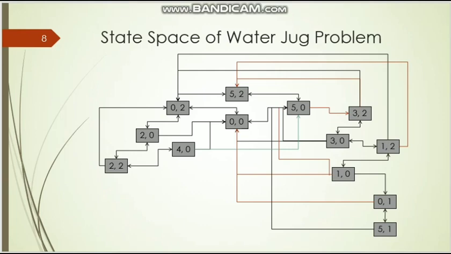In the same way, if we take another action from this particular node, taking water from the Y jar to the X jar, as in the Y jar only 2 gallons of water are there, we can take the whole water, as the Y jar is already defined as a 2-gallon jar. So if we pour the water from the Y jar to the X jar, then the state will be this.